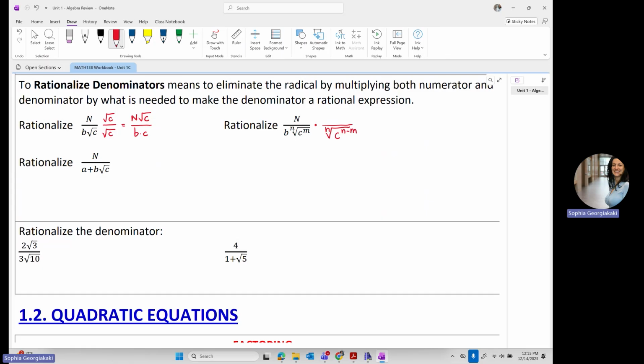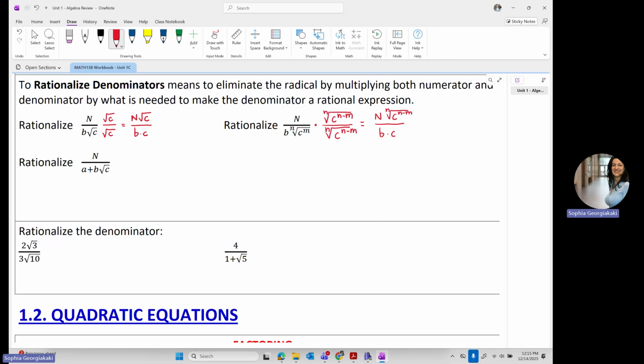Whatever that number is, you need the remaining factors to have the nth root of c to the n in the bottom. And you will multiply numerator and denominator by this quantity. And in the denominator, you will have b times c.